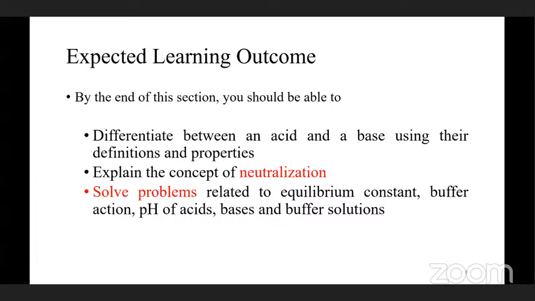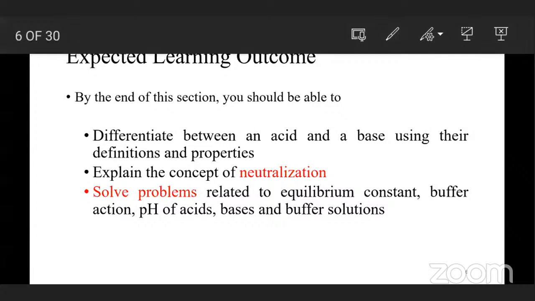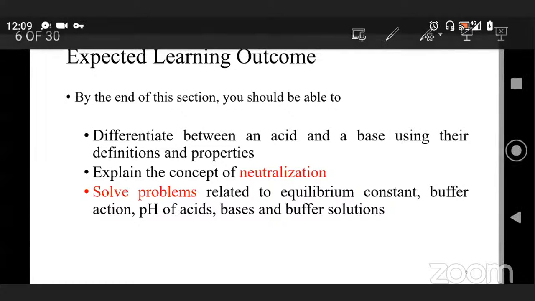Some of you did a similar thing in secondary school. However, we'll be looking at the concepts together. Then you should also be able to solve some problems that relate to buffer action, pH of acids, bases, and buffer solutions. All these you're going to learn in the course of this study.